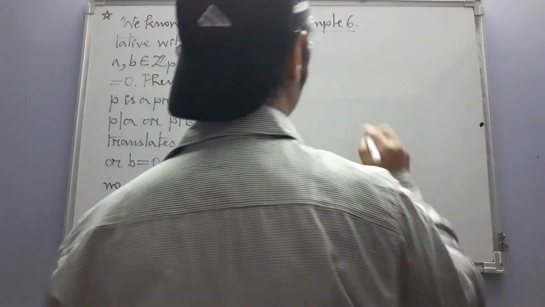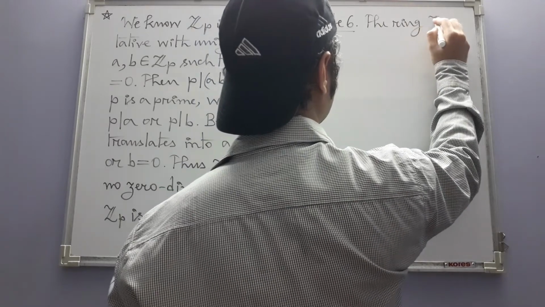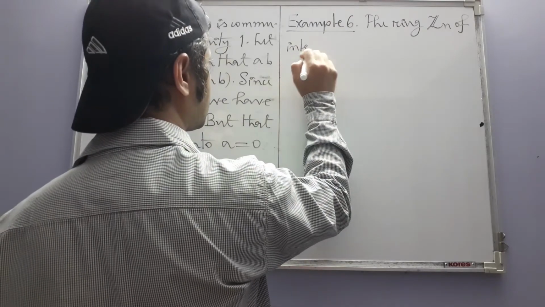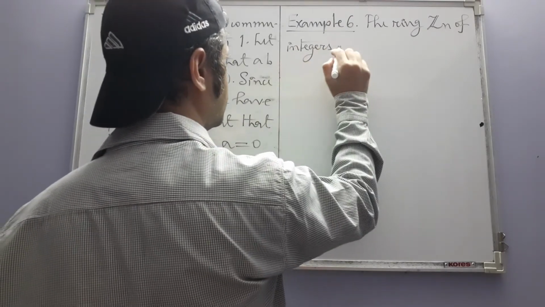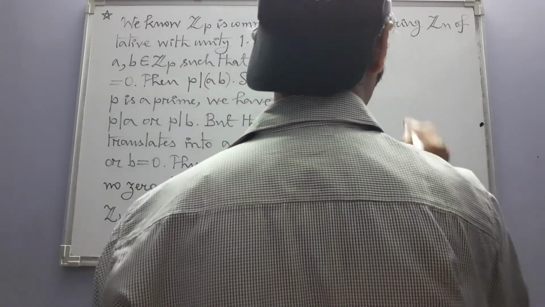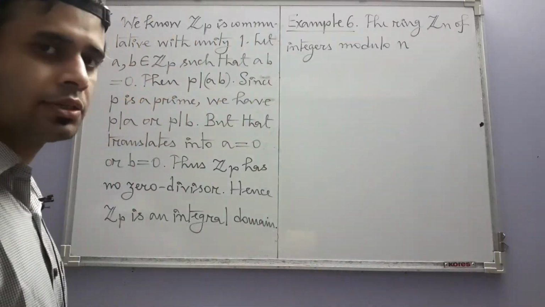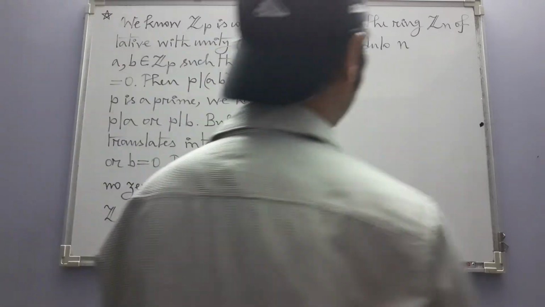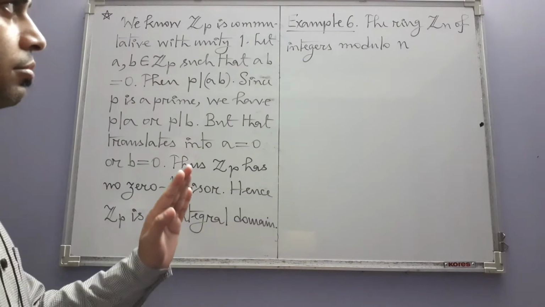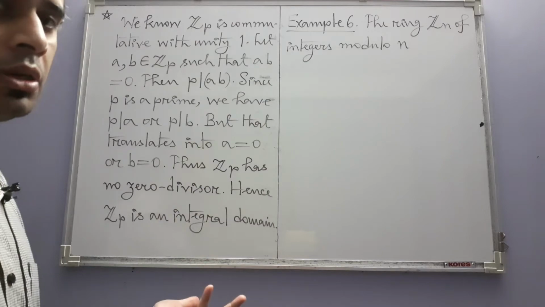The ring Zn of integers modulo n, where n is some integer. To avoid unnecessary complexity, we can assume n to be a positive integer. In fact, I think in the definition of Zn, this modulus n is taken to be a positive integer.